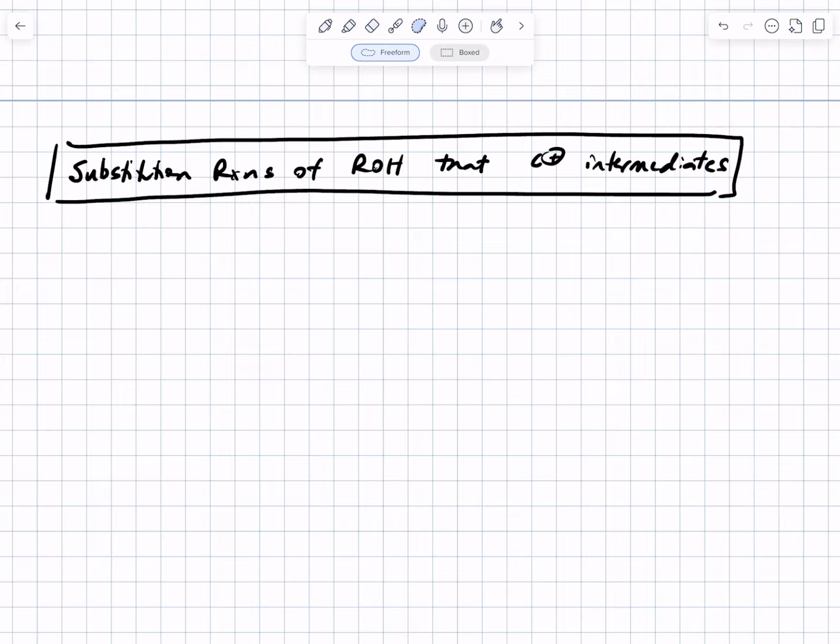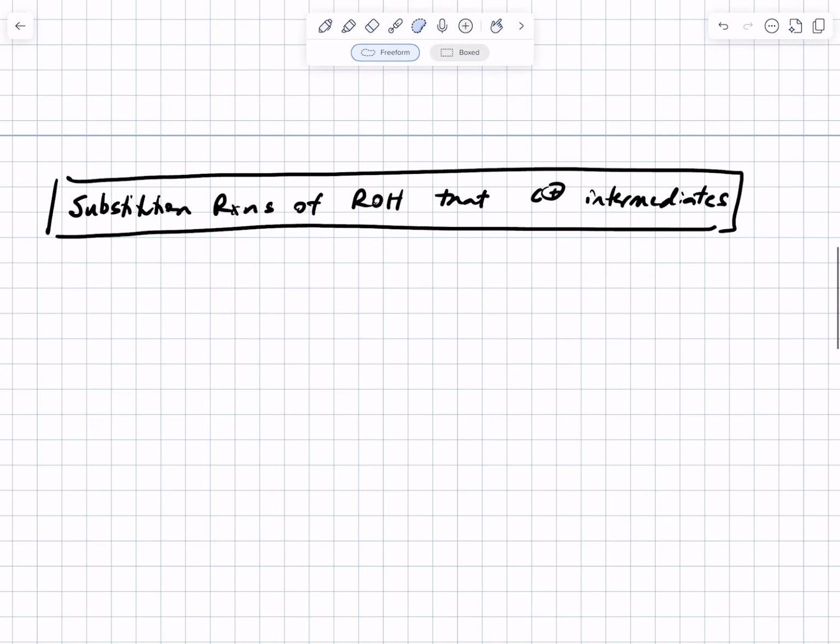You're trying to balance leaving group goodness, and if it gets too good, maybe the leaving group just leaves without the nucleophile attacking. If it does, you've got a carbocation intermediate, and that's a problem. So we're fine-tuning things here, and when you're fine-tuning things, sometimes you find something that works and you're not sure why it works. So we'll go through these individually, and I'm going to try to help you understand what happens and how it happens, but we're not going to have great answers for why it happens.